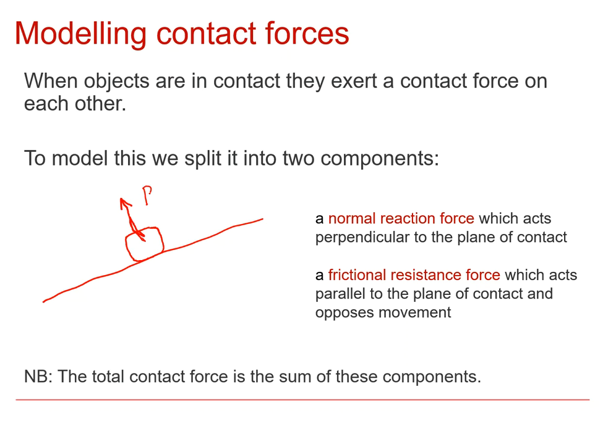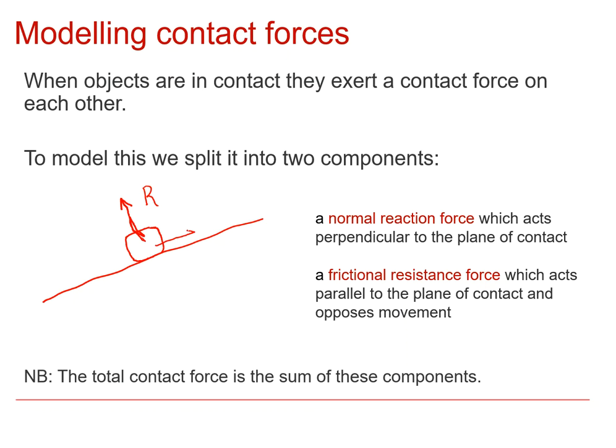often given the symbol R, and that always acts perpendicular to the plane, so it makes a right angle with the plane. And then there could also be a frictional force, and depending on what other forces are acting on the object and which way the object wants to move, the friction could be acting in either direction.